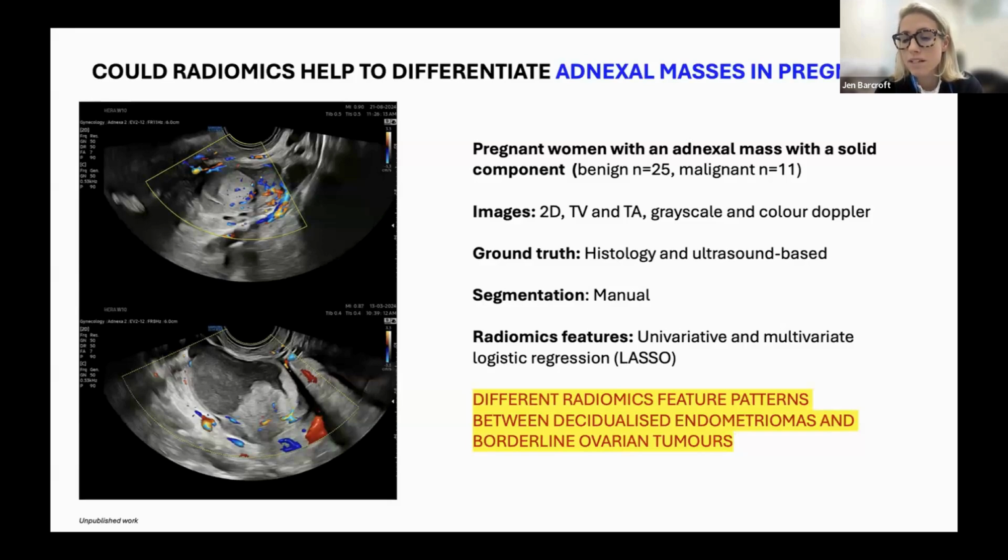And actually what we did identify is that there does appear to be a difference between the features between those that have a benign and a malignant mass. Now, this is a small data set, as you can see. It's 36 patients. So we are now undergoing a proper pilot study looking at if radiomics features really can have value within this subset of patients to help support masses being managed appropriately in a high-risk patient group.